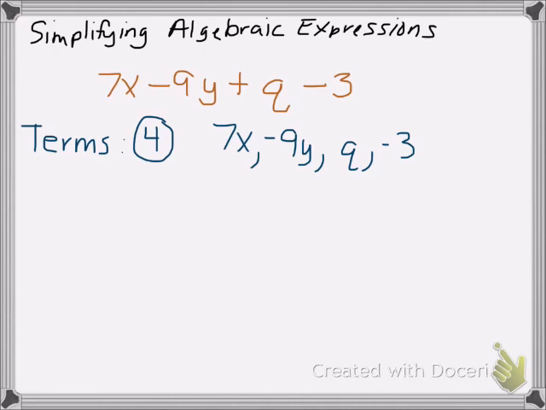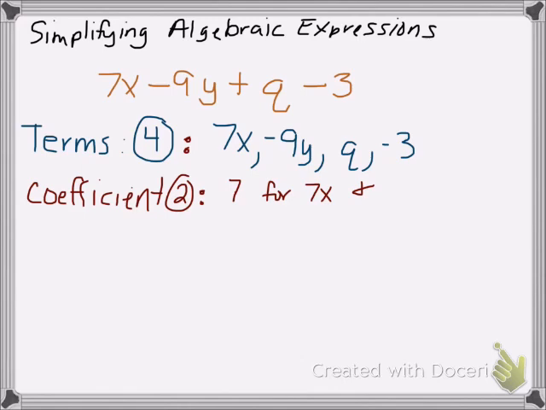Then another vocabulary word that you need to know is coefficient. Now, a coefficient is a number that is in front of a variable. So we have 2 coefficients, or maybe we could consider 3, and I'll go over that right now. 7 is the leading coefficient of 7x, and -9 is the leading coefficient of -9y.